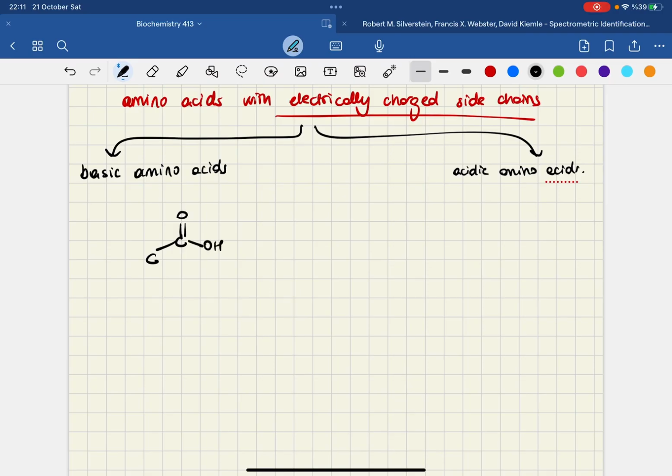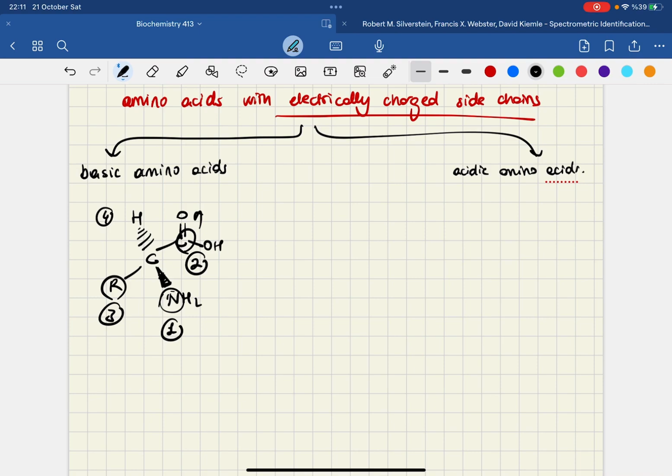This makes a carboxylic acid group, and then we have a nitrogen group, NH2, and then we have a hydrogen group, and then we have an R. As you notice, we put the hydrogen group backwards, which makes it number 4, and then we have N over here, carbon over here, carbon over here, which makes nitrogen number 1, and then we have 2 carbons. This carbon is attached to oxygen, which makes it number 2 and 3.